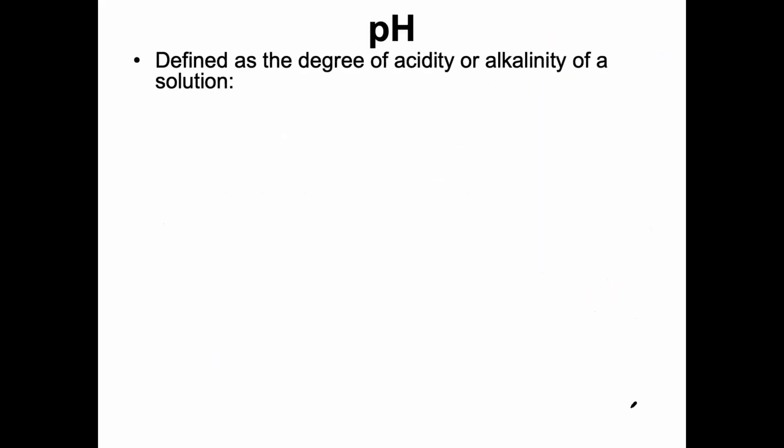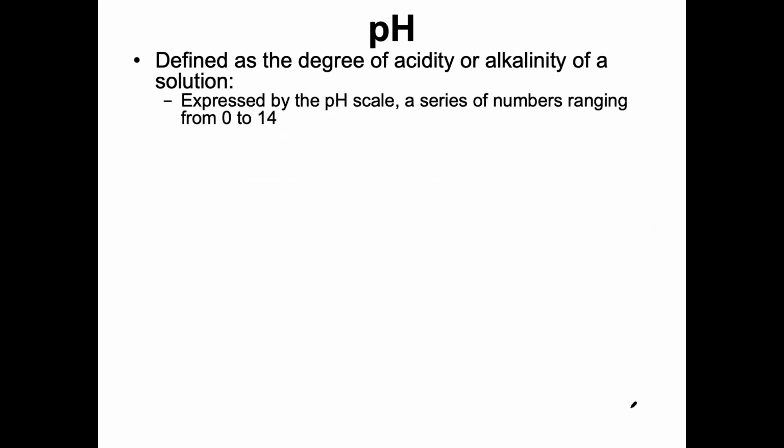pH is the acidity or the basicity of a solution, and it's on a scale from 0 to 14. And basically, when you're talking about pH, you're talking about proton concentration. So at a high pH, the proton concentration is low.